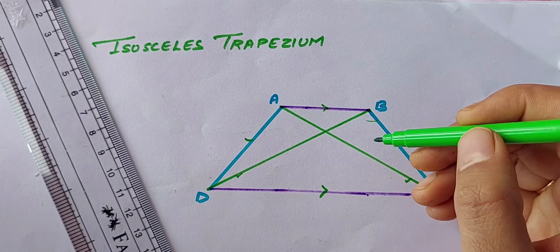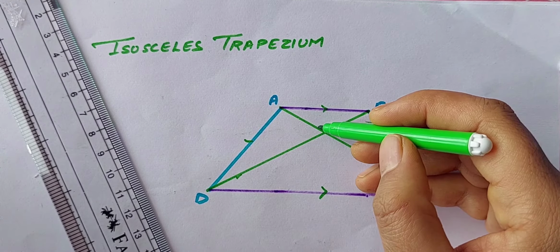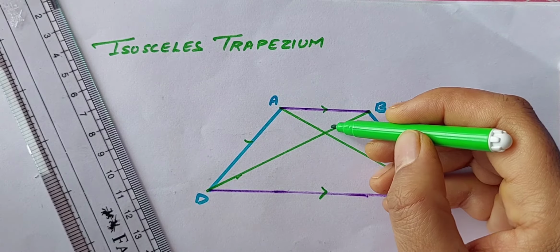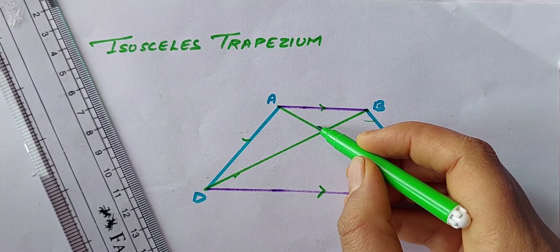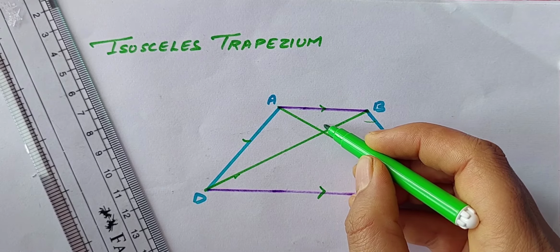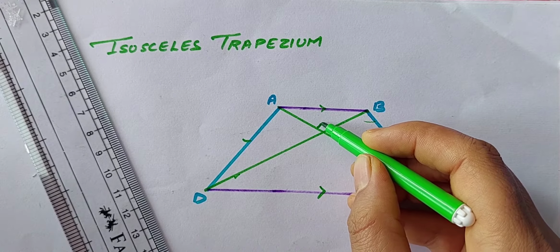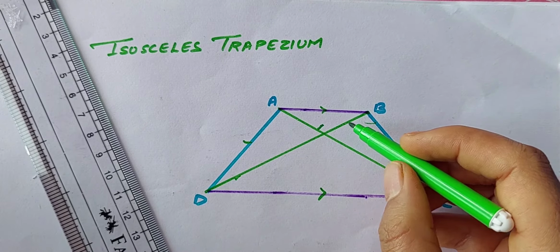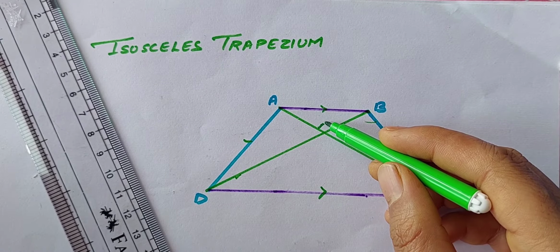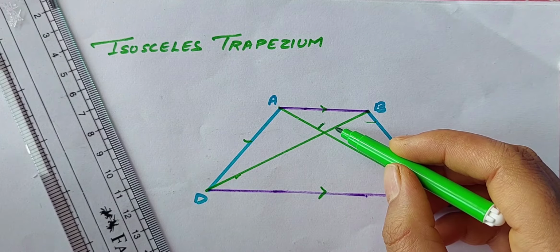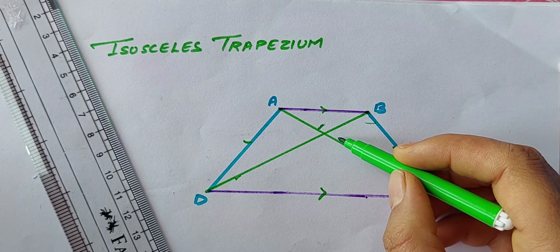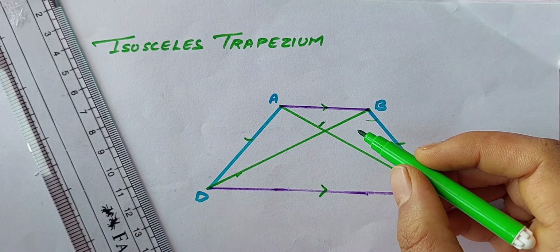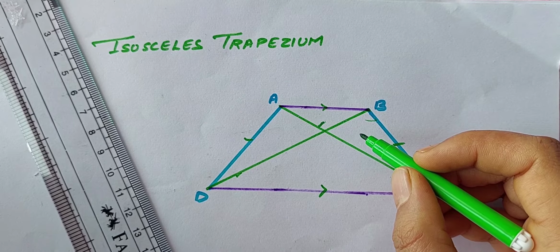Do diagonals meet at 90 degrees? Do you think this angle is 90 degrees? If this is an obtuse angle, this is not 90 degrees. You may measure them, they do not meet at 90 degrees.